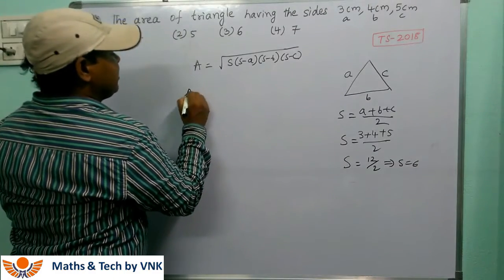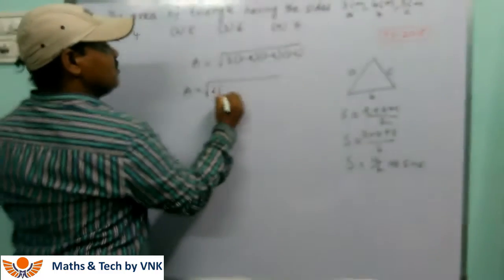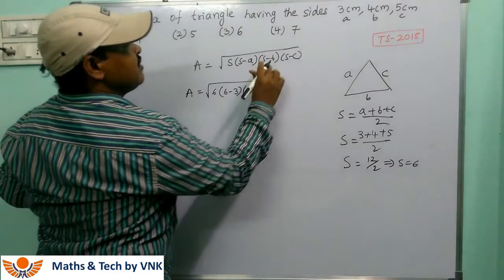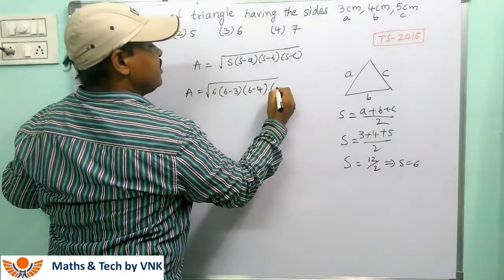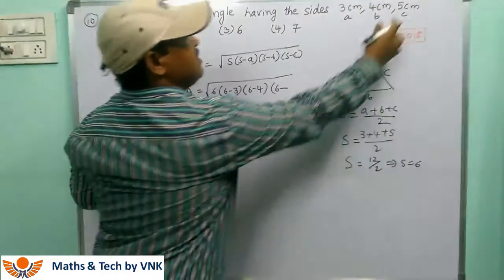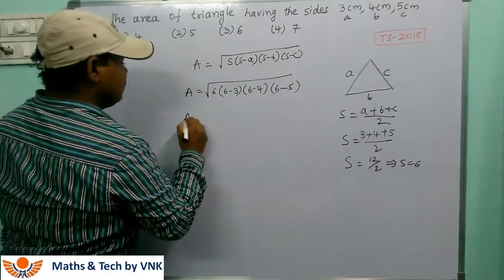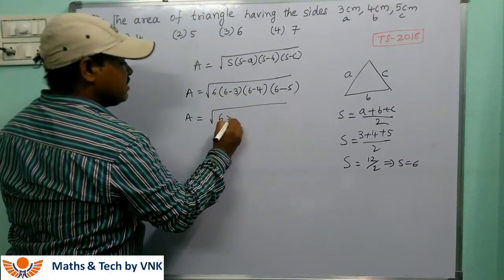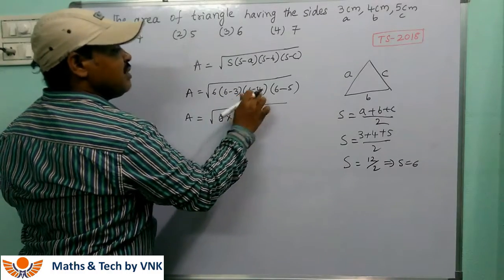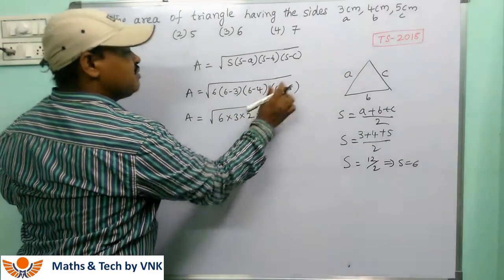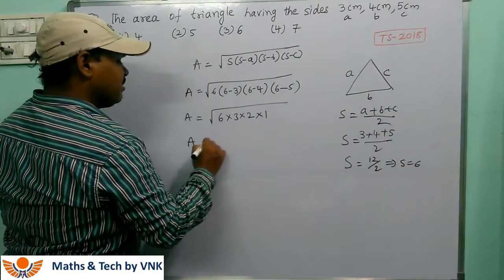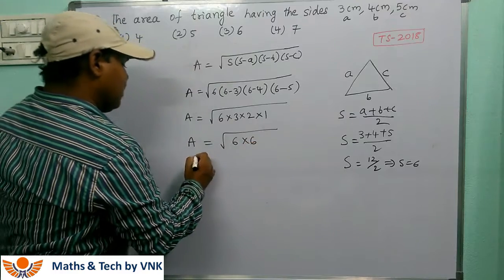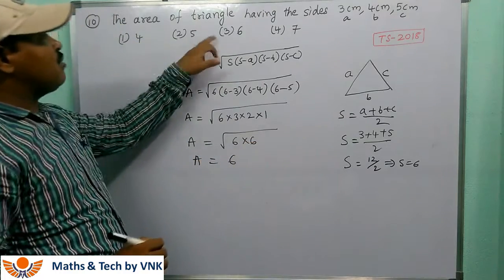So area is equal to square root of 6 into (6 minus 3) into (6 minus 4) into (6 minus 5). So this is equal to square root of 6 into 3 into 2 into 1. So area is equal to square root of 6 into 6, so area is equal to 6. So the correct option is 3.